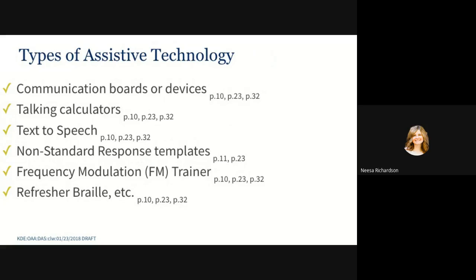So some of the different types of assistive technology that can be used, text-to-speech, and we have some students, if they are deaf or hard of hearing, they might use the FM modulator or the sound field system. So we have a few of those.